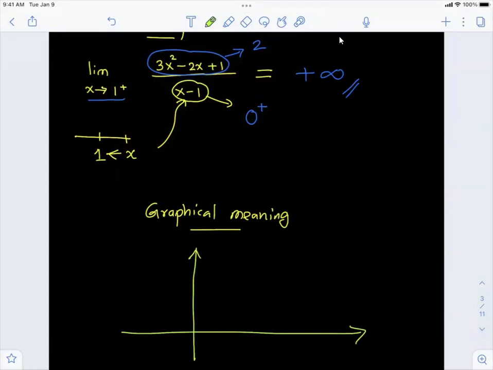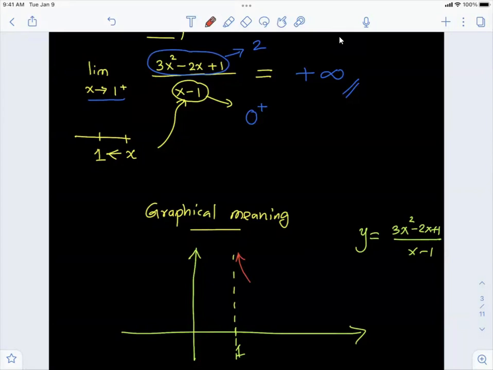But I do have an understanding exactly what would happen around 1, only from the positive side of this graph. So when you consider the graph of y equals 3x squared minus 2x plus 1 divided by x minus 1, it behaves exactly like this around 1.